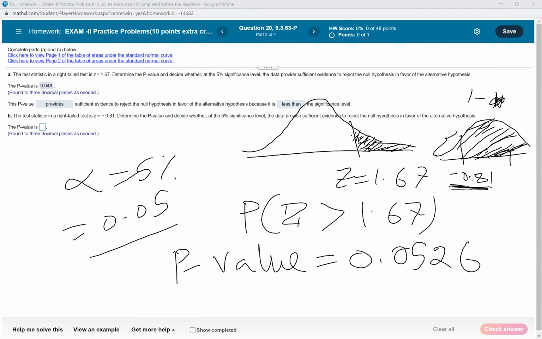Or what you can do, you can directly look at 0.81 in the table. Then you will get this area, because if you look at 0.81, you will get the area from here to here, which is the same as the area from here to here. Okay, so let's look at 0.81.